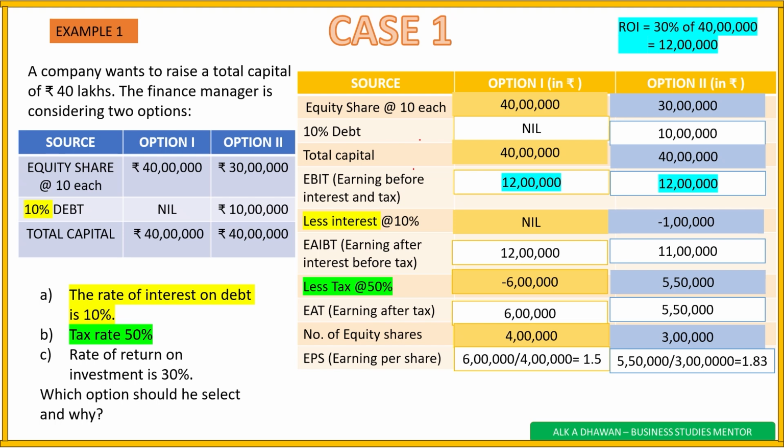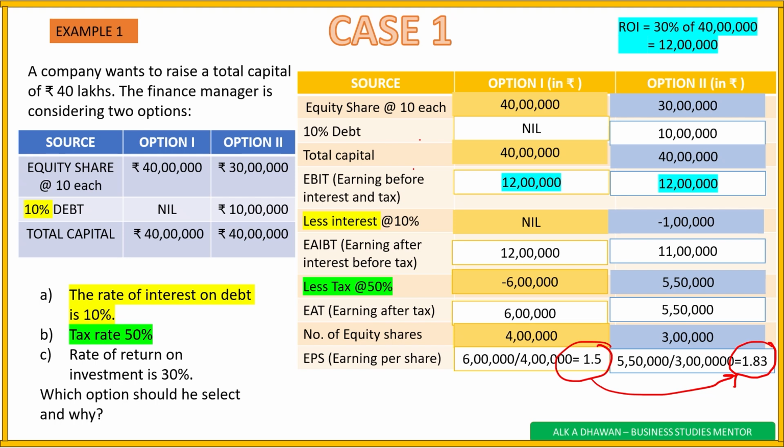Now let's try to understand the concept of trading on equity with this example that we have just now worked out. The concept of trading on equity says the EPS or the return to the equity shareholders will increase, like here it has increased. When will it increase?